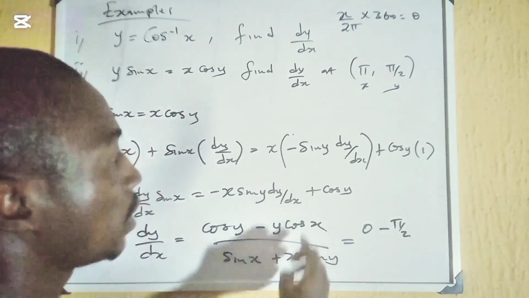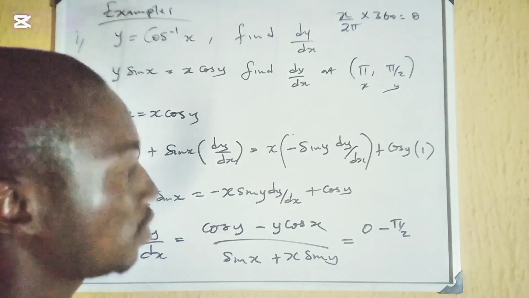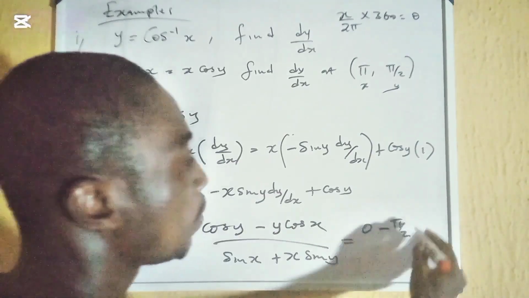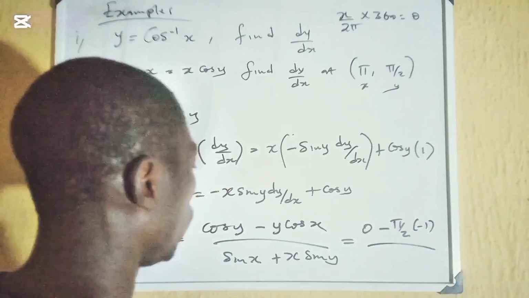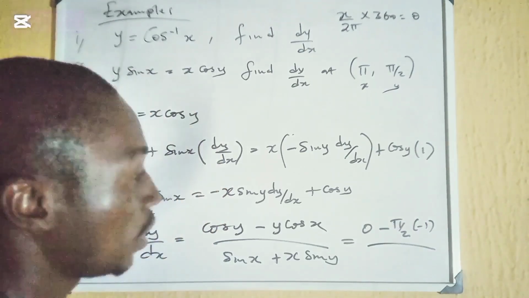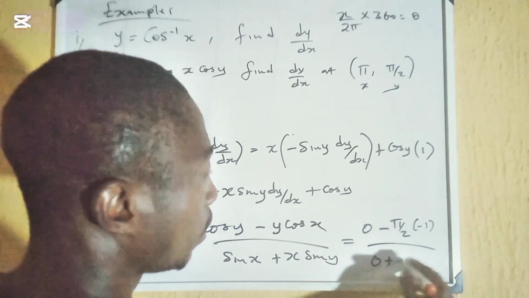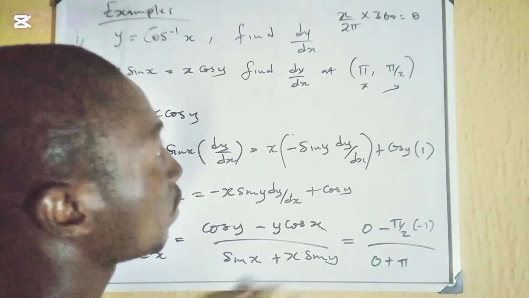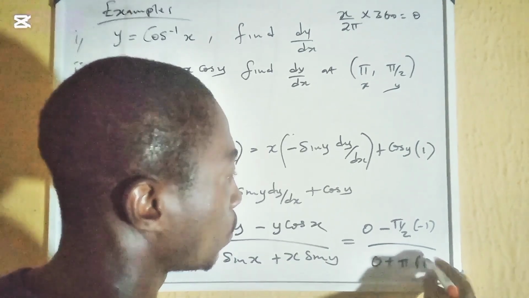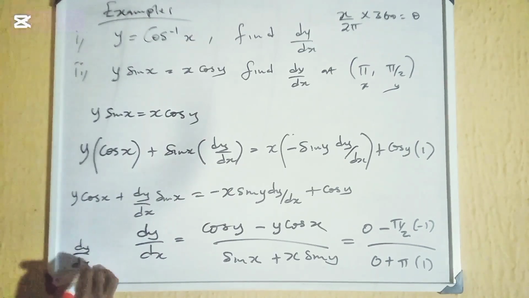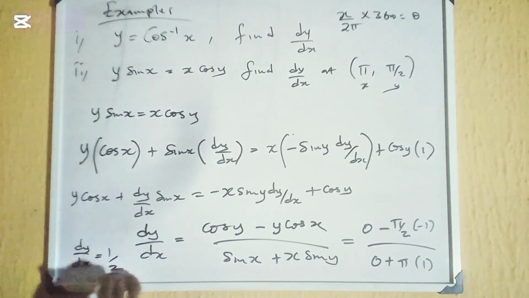Then we're having cos x. x is 180 degrees. Then cos 180 degrees gives us minus 1 over sin 180, that gives us 0 plus x is π. Then we're having sin y, that's sin 90, which is equal to 1. It implies that dy/dx is equal to 1 over 2.